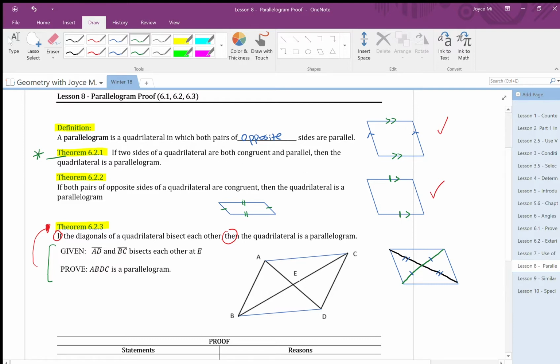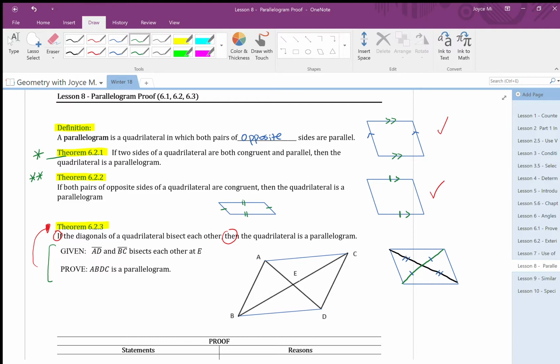So that's 6.21. I need to show both parallel and congruent. This is true. Let's talk about this one. We haven't talked about that one here. What if I use 6.22 to prove it? If I use 6.22, I just need to show the opposite sides are congruent. Then I'm done. Then it's a parallelogram.